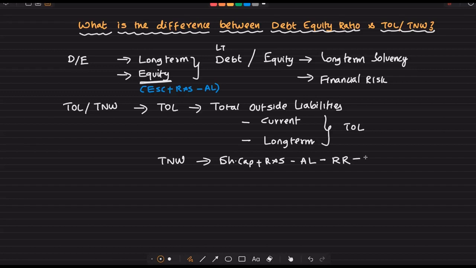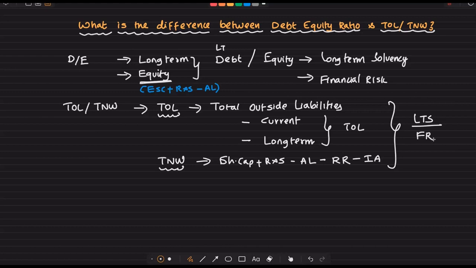And intangible assets of the company will also be deducted. So here you are comparing the total outside liabilities with the tangible net worth, and with that you are going to come to a conclusion about the long-term solvency of the business and the financial risk associated with that business.